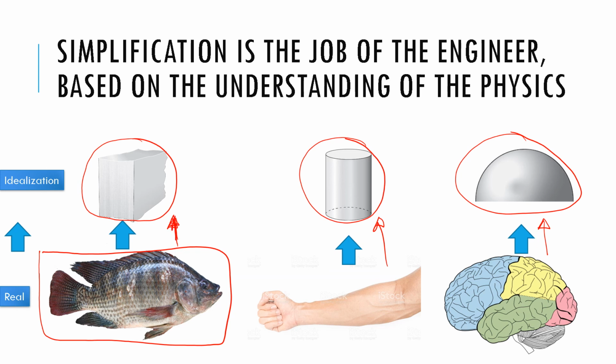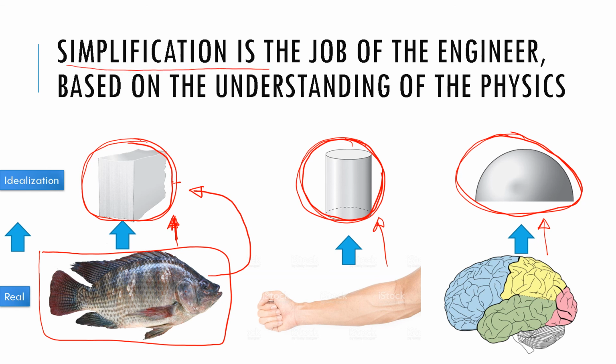And that intuition will come from understanding the physics of these simpler systems, which are much easier to understand. So we understand this first, and then we think of how a real world situation can be simplified as the simple one. This simplification is the job of the engineer, and as of today, this cannot be automated. This is why we need the intuition to be built.